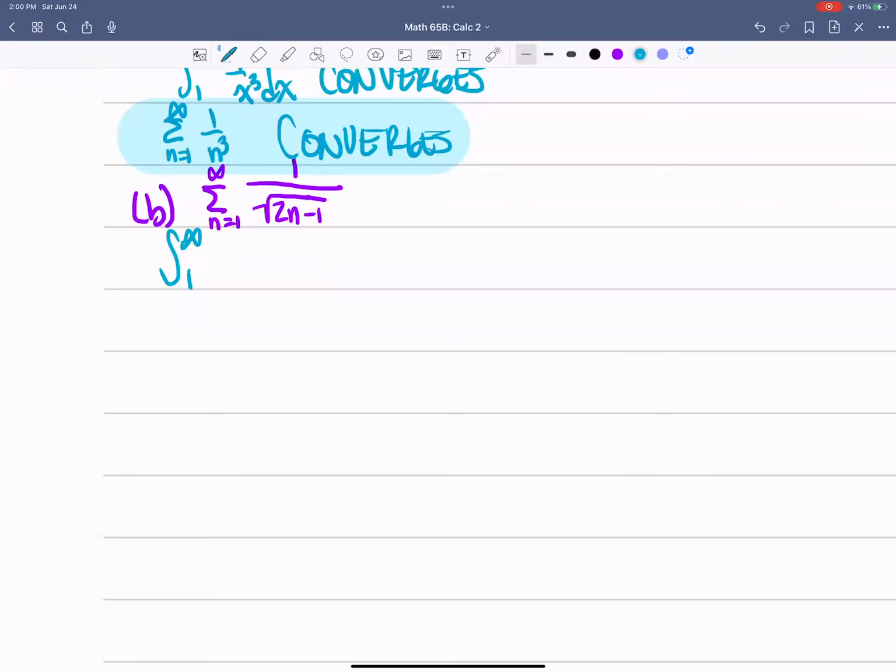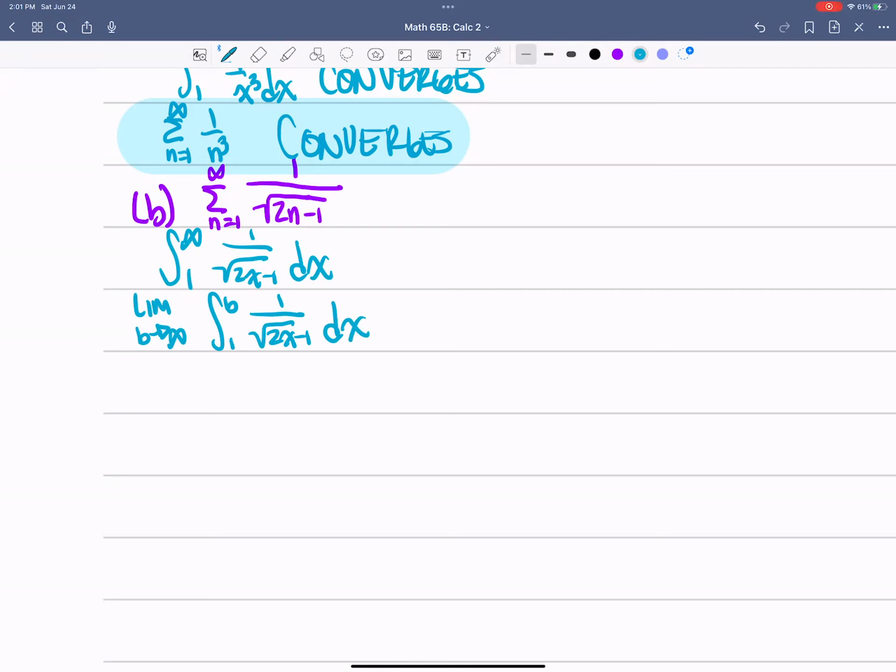We're looking at 1 over the square root of 2x minus 1 dx. This is an improper integral, so the limit as b approaches infinity from 1 to b of 1 over the square root of 2x minus 1 dx.